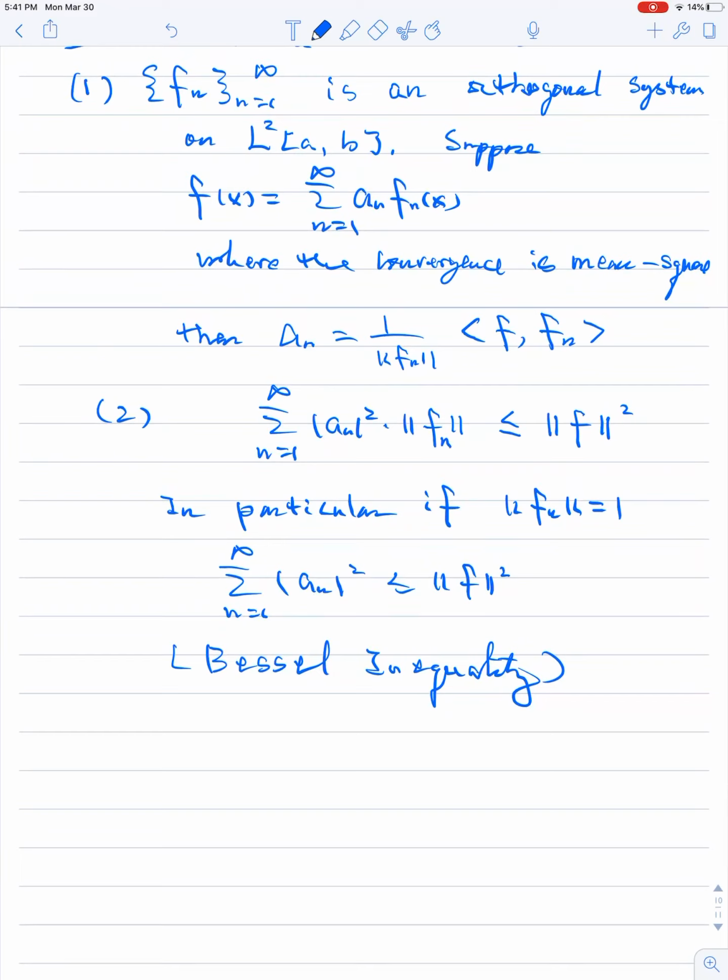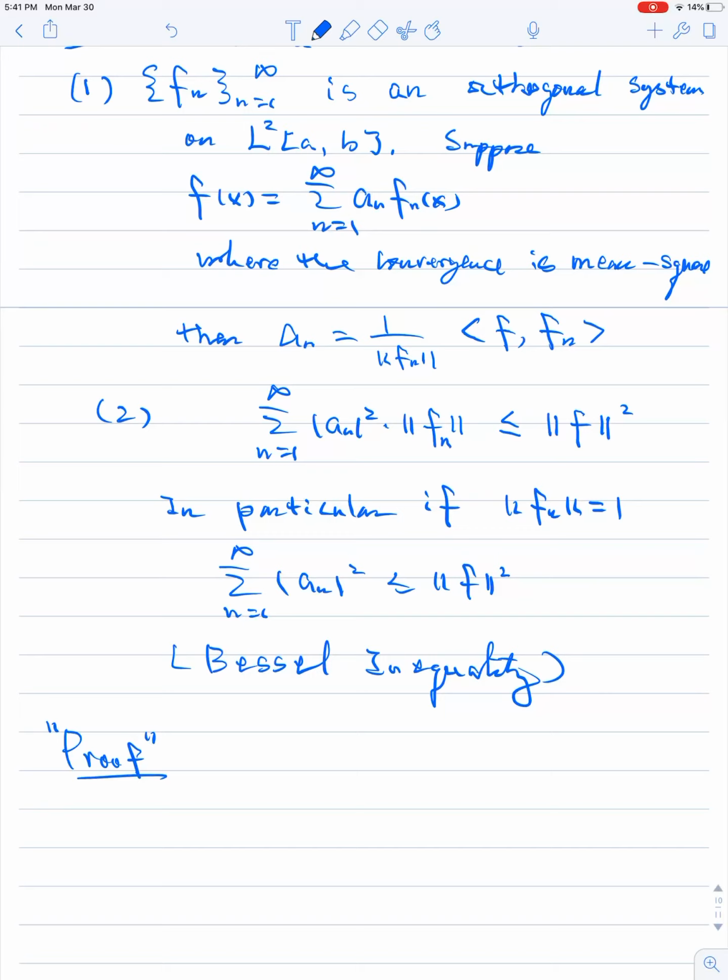Okay, I would just keep a proof of this, but actually it is a heuristic proof.